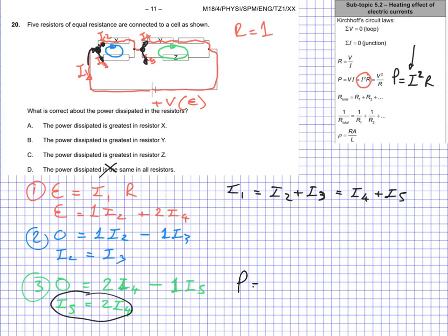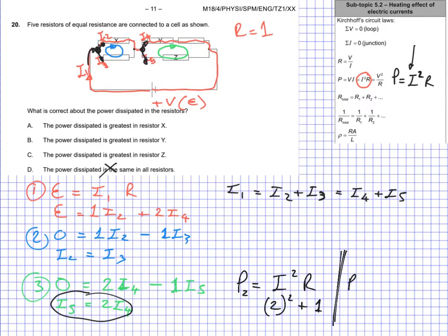So we're going to say power dissipation is this I squared times R. So the current in I5 is twice as much as it is in I4. So we're going to put this value in. It's going to be twice as much. Now remember, that's going to be squared. But there's only one resistor in I5. So there it is. Okay. Whereas when we do this, so this would be for Z.